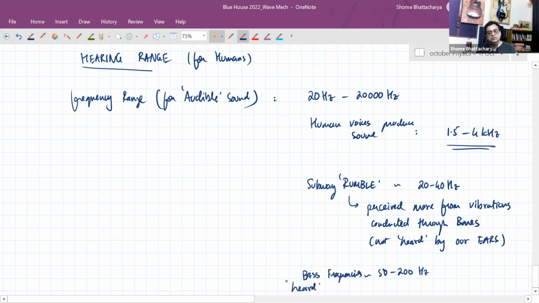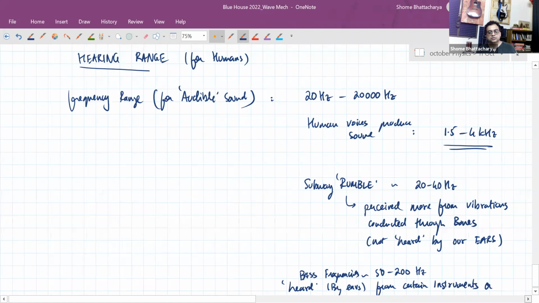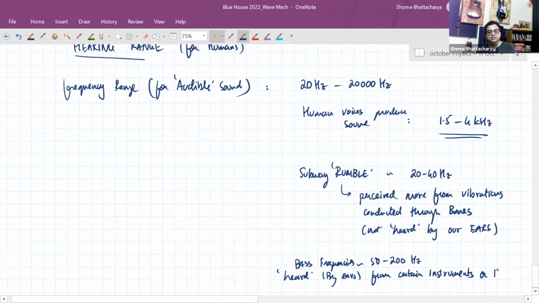These are heard by our ears from certain instruments, or even machines, engines, etc. The kind of bass frequencies that they produce.